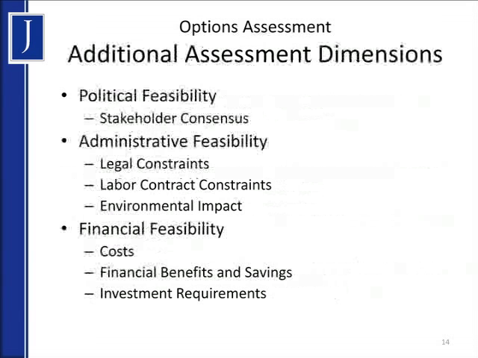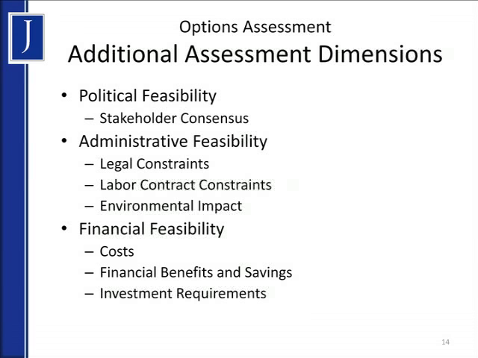In addition to the 5 basic dimensions that we've reviewed, you may add additional dimensions that are specific to your topic. Usually these dimensions are refinements to the basic dimensions. For example, stakeholder consensus might be identified specifically under political feasibility.